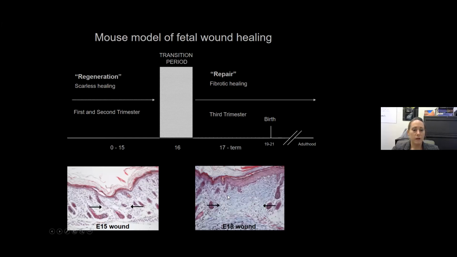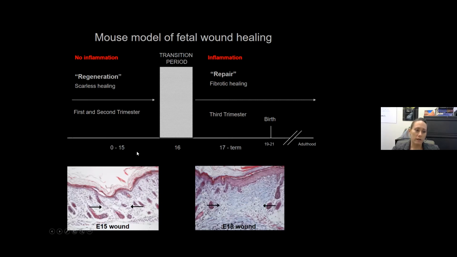So one of the main differences in these two types of healing in fetal skin is that there's very little inflammation in the regenerative or scarless wounds, whereas there's a robust inflammatory response in the fibrotic wounds. And so obviously we think then that inflammation is important for scar formation. So how important is it, or why do we think inflammation is important in regulating scar formation?